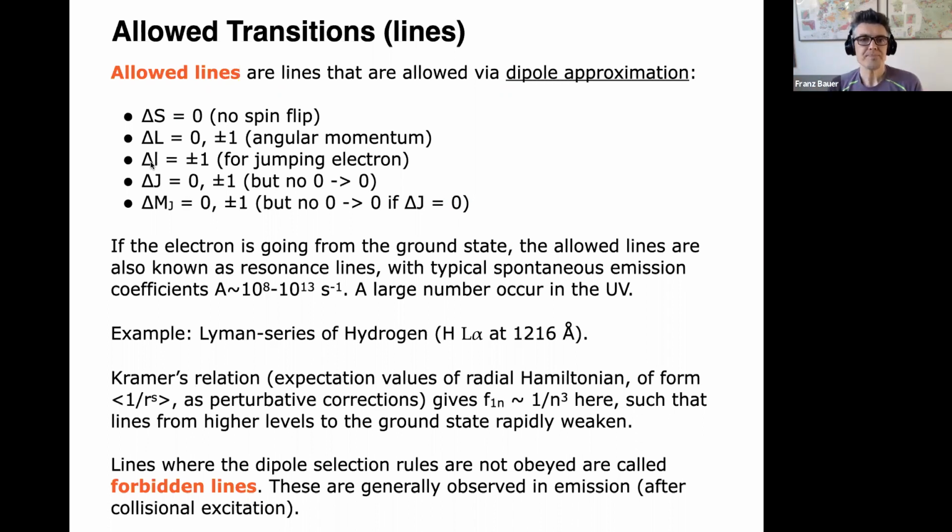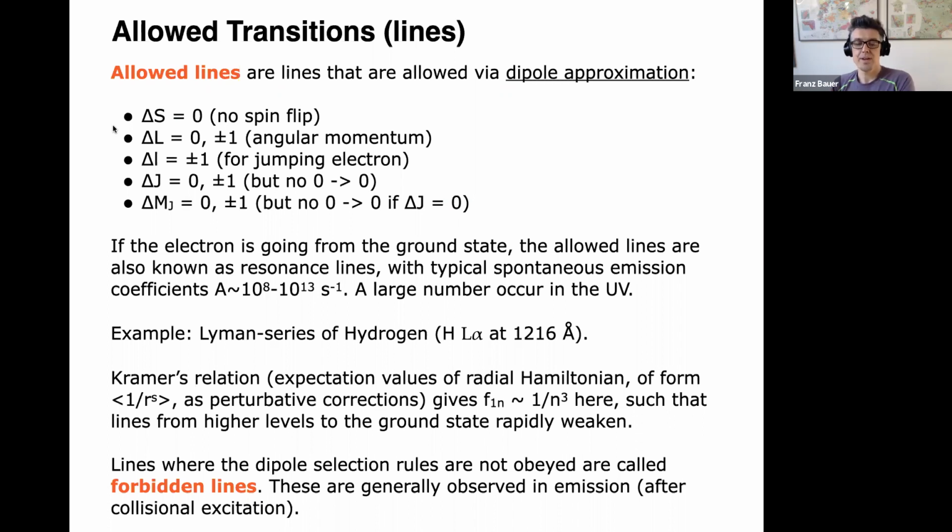We can talk about all of the allowed lines if we just do a very simple dipole approximation. Typically those can be summarized in this set of rules here.